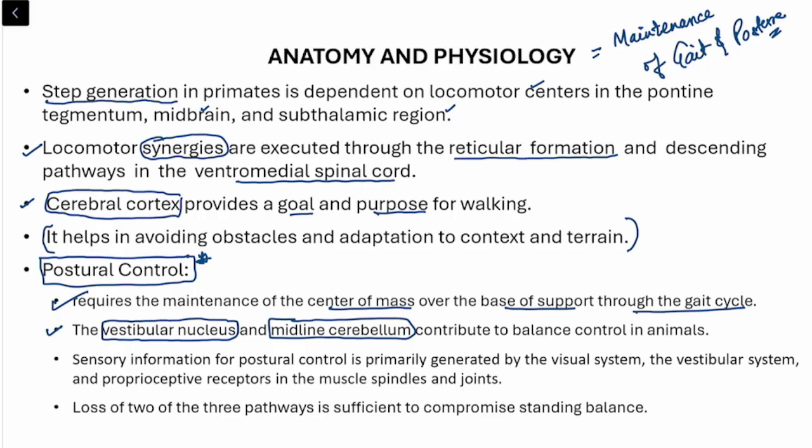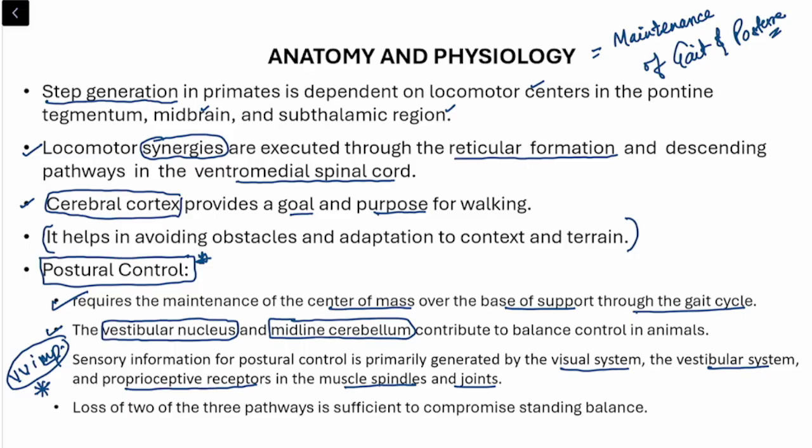midline cerebellum. Sensory information for postural control is generated by the visual system, vestibular system, and proprioceptive receptors in the muscle spindles and joints. This is a very important concept. I would say everyone must know this. Sensory information for postural control.